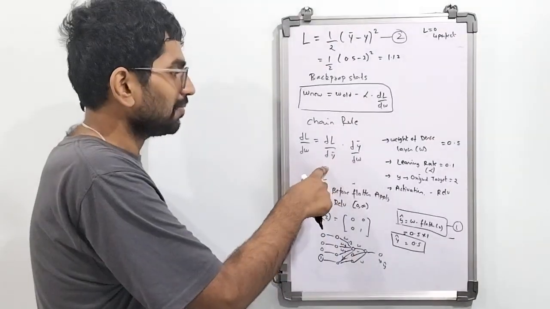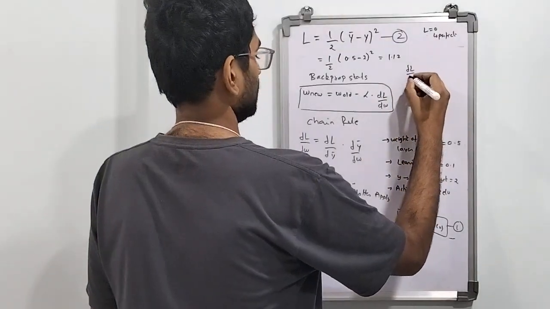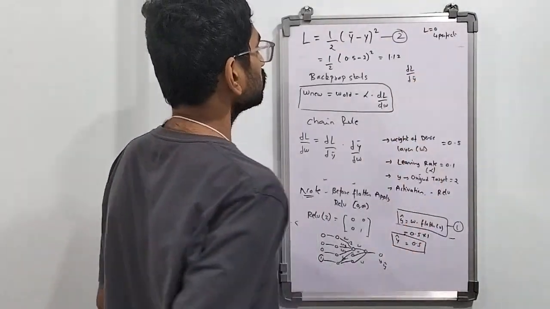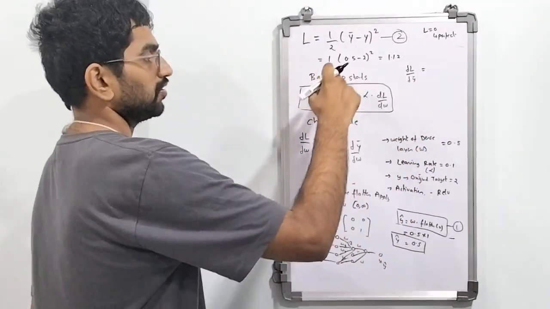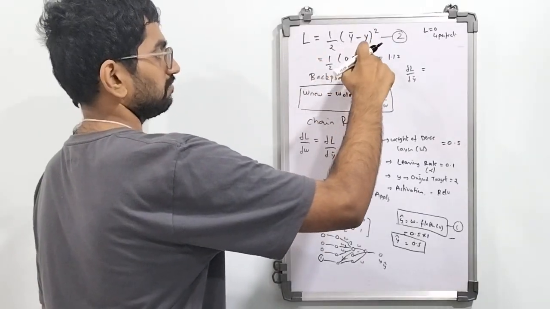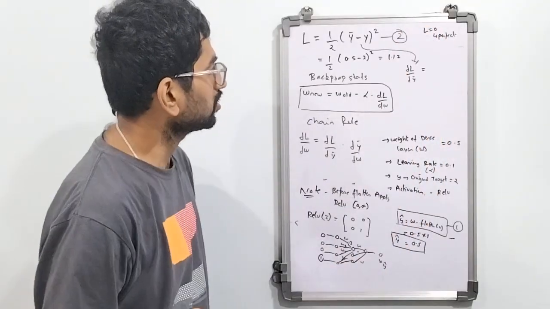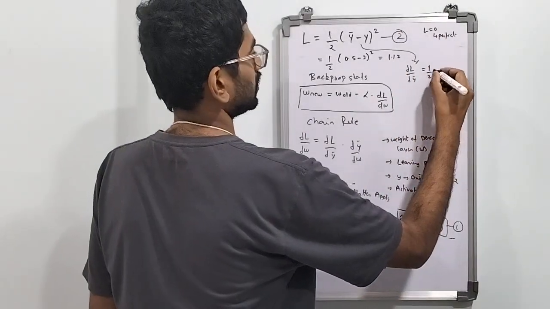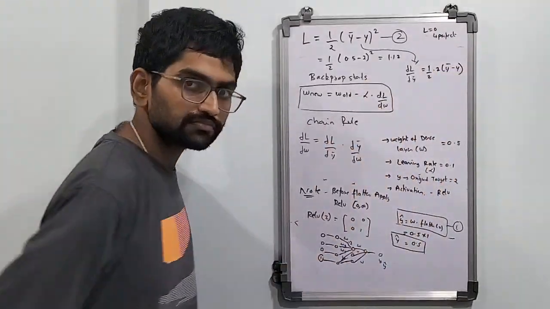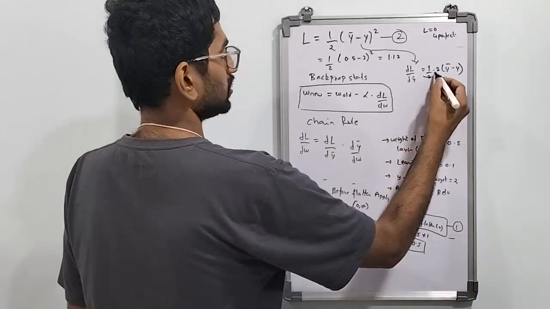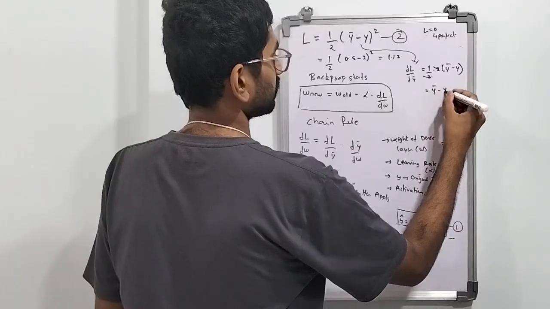Now to calculate dL by dy hat, we use the differentiation part. So 1 upon 2 into (y hat minus y) whole squared. Differentiating, the 2 comes to the front: 1 upon 2 into 2 into (y hat minus y), so the 2 gets cancelled. What is left is y hat minus y.